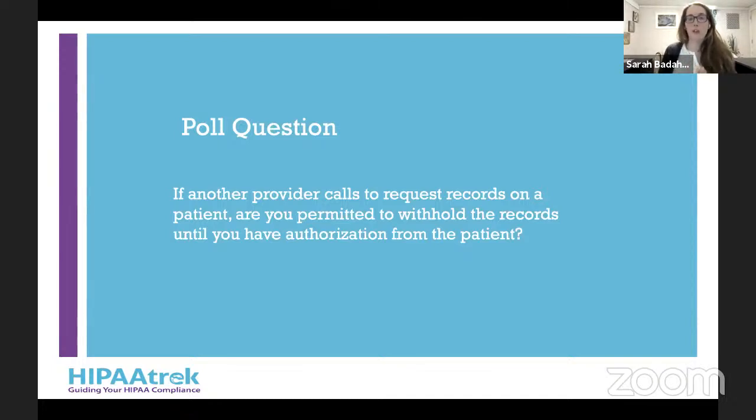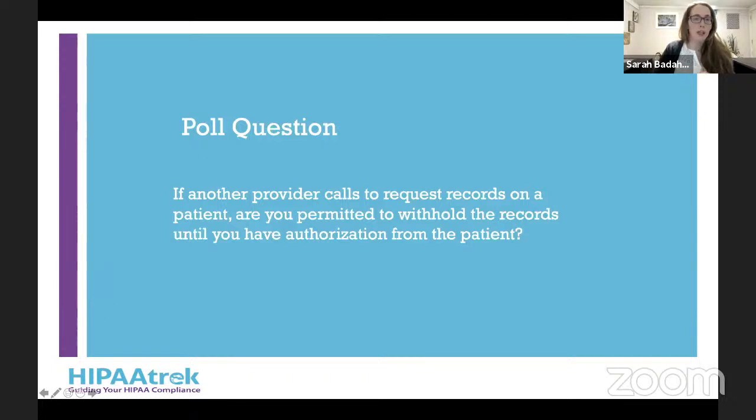So you are not allowed to withhold information for treatment purposes until you have patient authorization, unless it specifically requires consent from the patient, like if it's substance use disorder information. So if you're a Part 2 program or a legal holder of Part 2 information, then you would need patient consent. But if it's regular HIPAA data, then no, you are not allowed to require patient authorization prior to releasing that information.